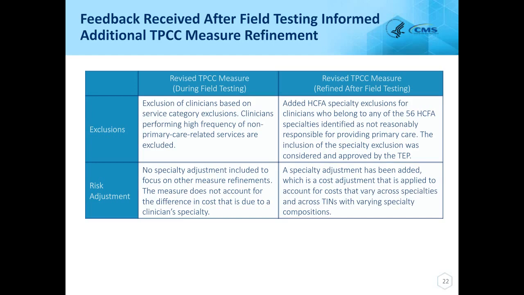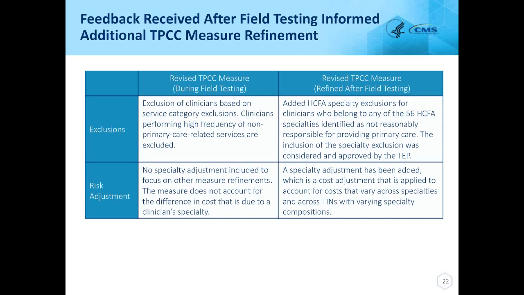So what we wanted to briefly summarize, and we can go through more details in the measure, but we just wanted to give you a sense of what's happened through field testing and after field testing here before we get to the Q&A period. So the revised TPCC measure during field testing excluded clinicians based on certain service category exclusions or based on the types of services that they did for beneficiaries.